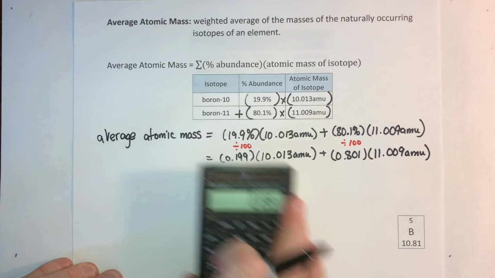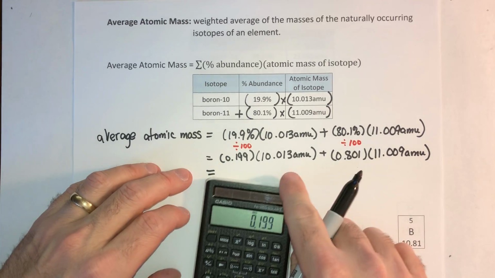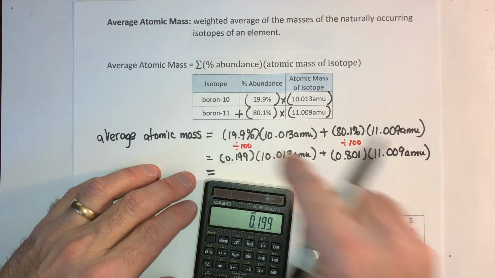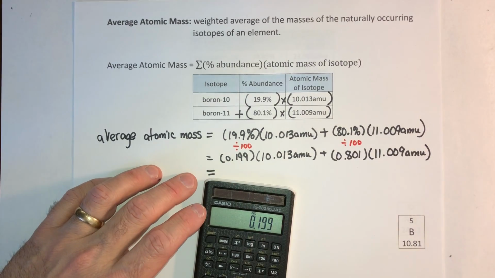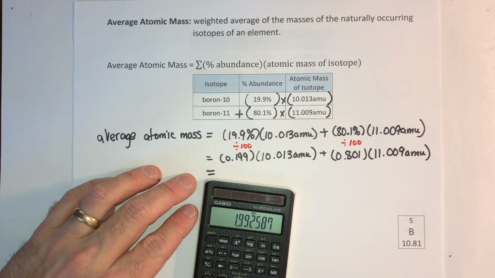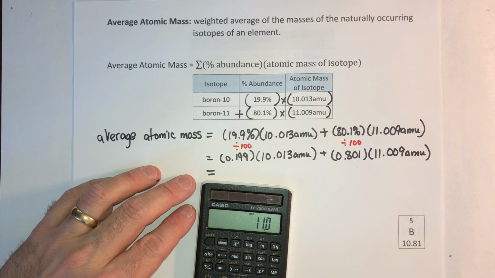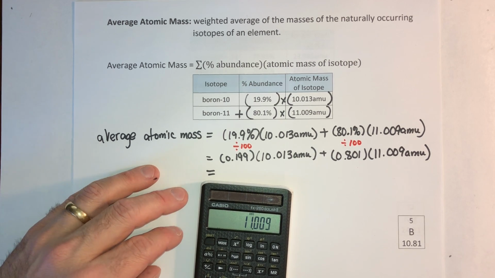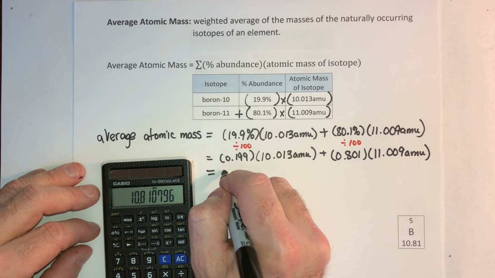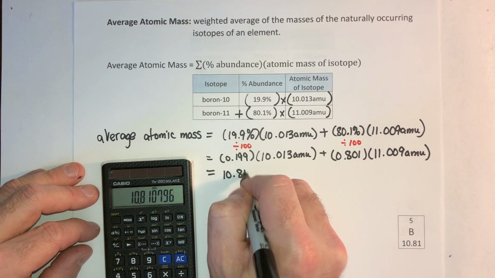So if we do the calculation on our calculator, I got my 0.199 already in, times 10.013 plus 0.801 times 11.009. My calculator tells me the average is 10.811.